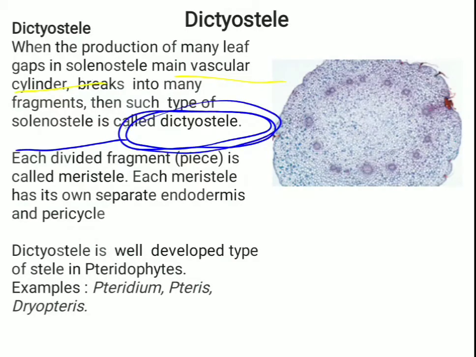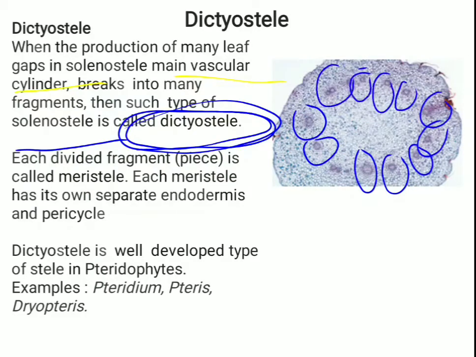Okay, there is this type of solenostele, but sometimes you can see there are many vascular cylinders, and this type with many vascular cylinders is known as the dictyostele. Each divided fragment is called meristele, means this one portion.